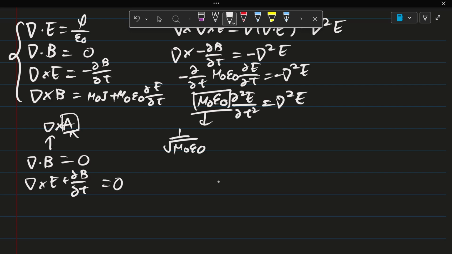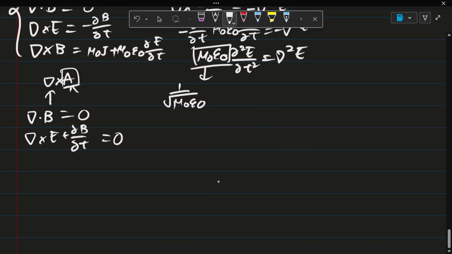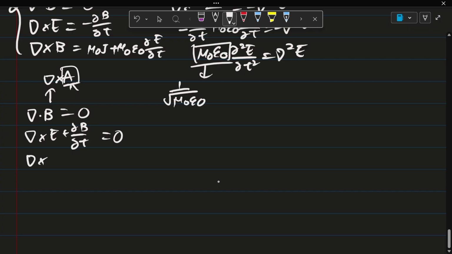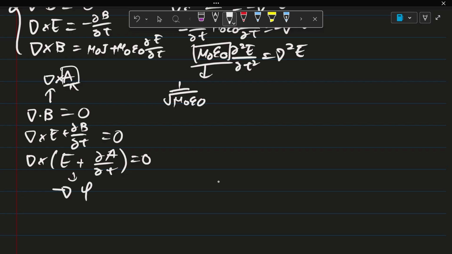And the same thing goes for this part here, though it is a little more hidden. If you substitute B to be nabla cross A, what you would get is nabla cross E plus partial A over partial t. And this is normally denoted as the negative of the gradient of a scalar function or a scalar field.